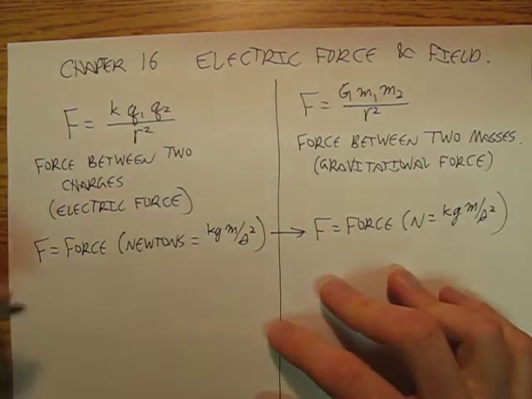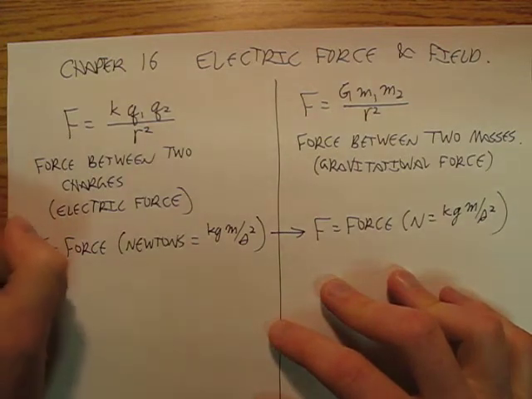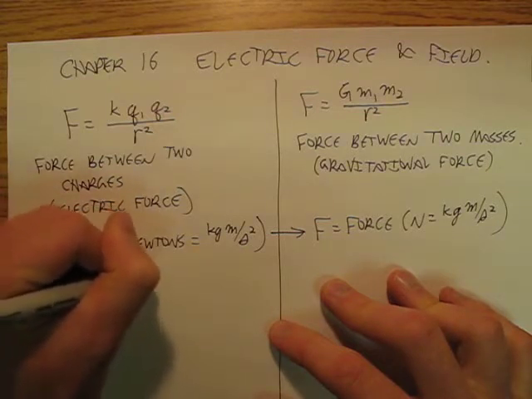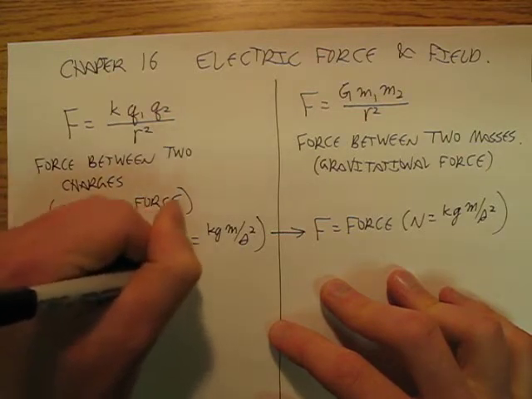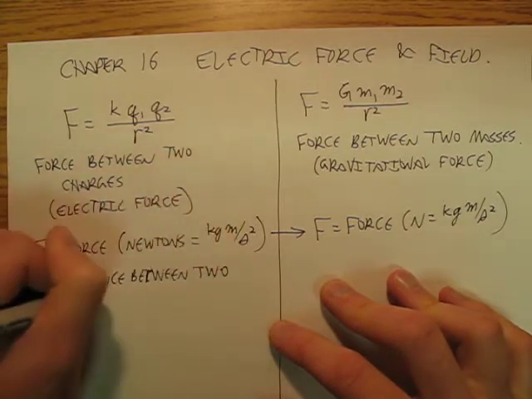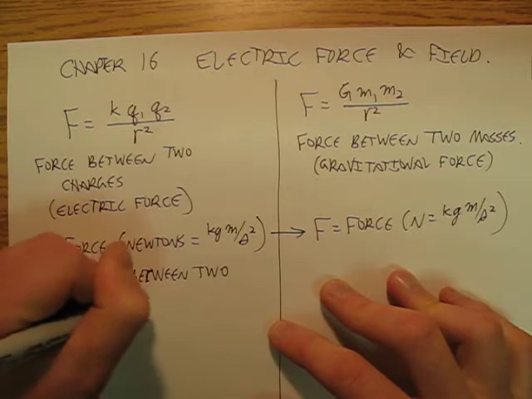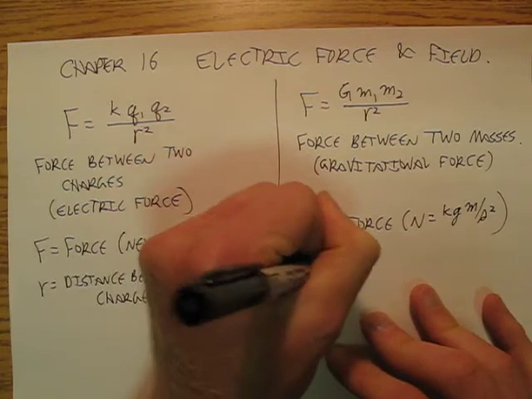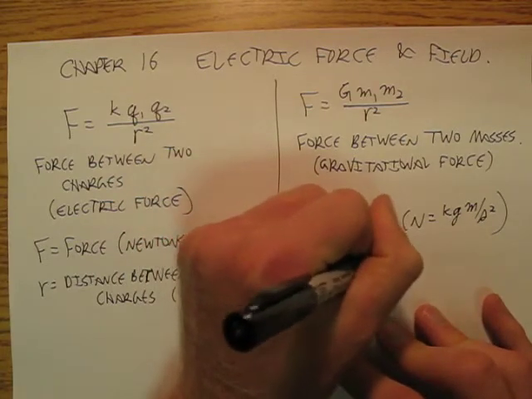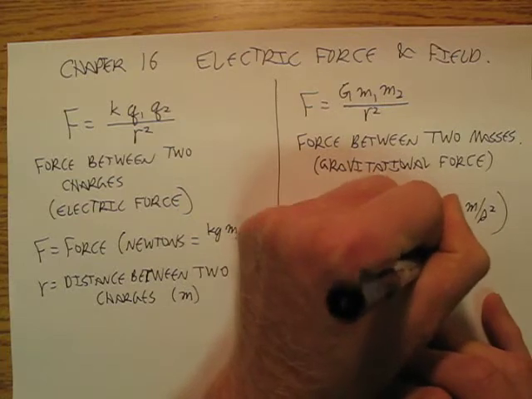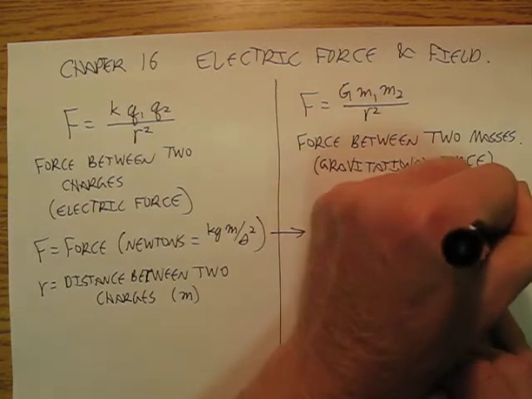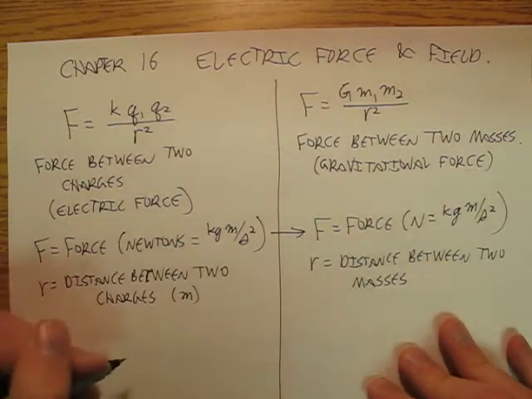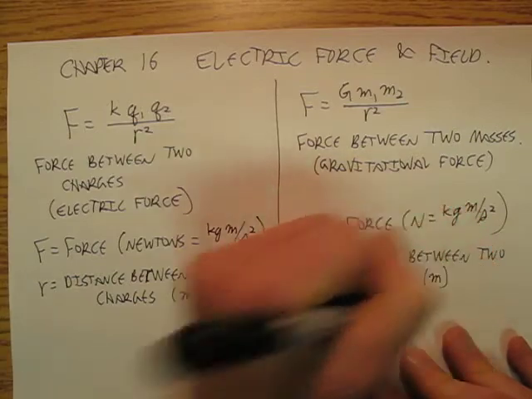Now again, R is going to be distance between two charges, and that's measured in meters. And R over here is going to be the distance between two masses, and that's measured in meters.